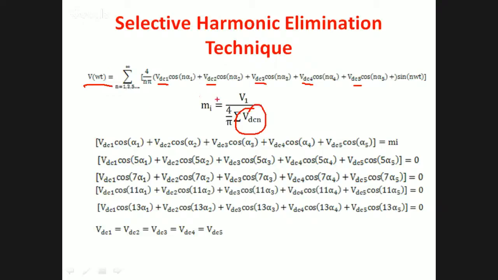And this is the fundamental voltage V1, and this 4 by pi I have also brought. So this is my modulation index. The modulation index is nothing but the fundamental voltage divided by all the DC components.